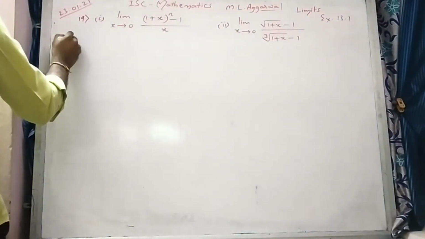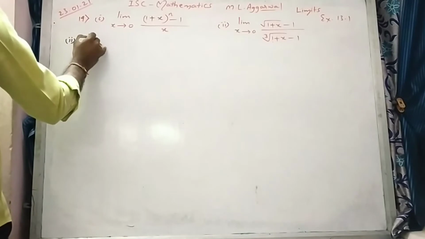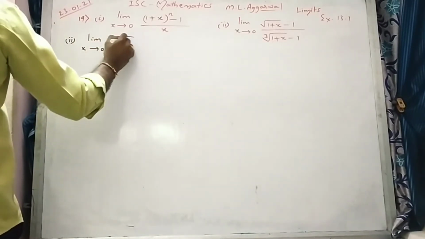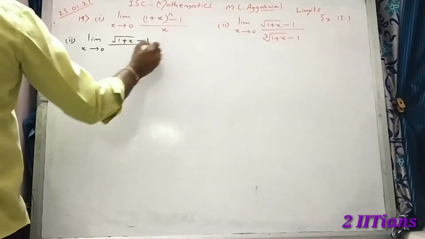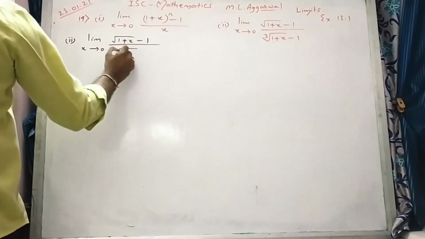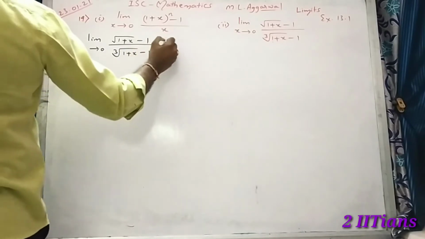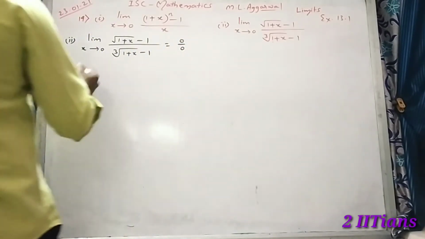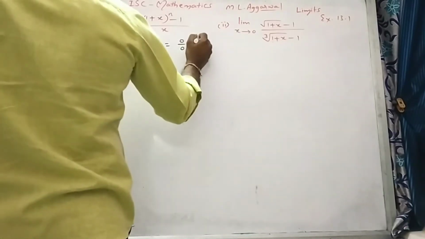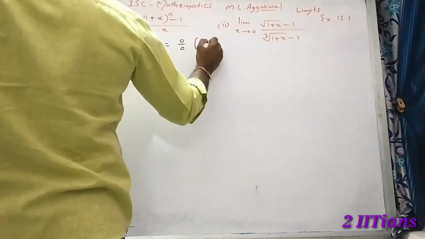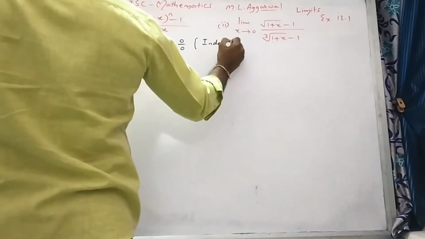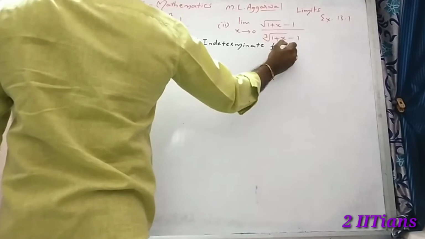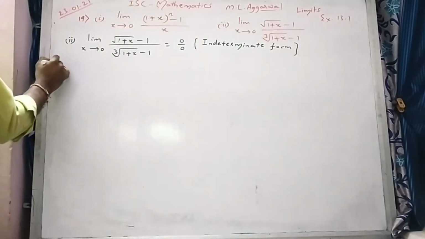Second question. Limit x tends to 0, square root of 1 plus x minus 1 upon cube root of 1 plus x minus 1 equal to, usually we will get 0 by 0, right? So what do you call this form? Indeterminate form.